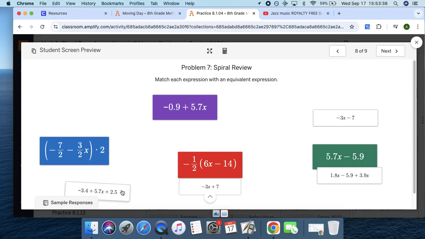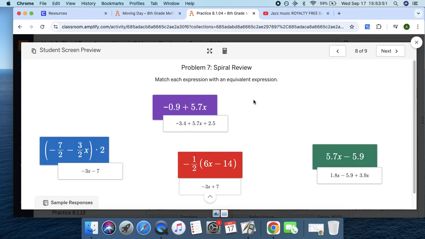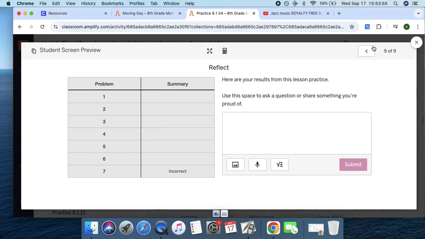And this one will be this one because negative 3 plus 2.5 is negative 0.5, plus 5 steps, and those two match, and obviously these and these are the leftovers. Alright, so that's it for the fourth one, right?